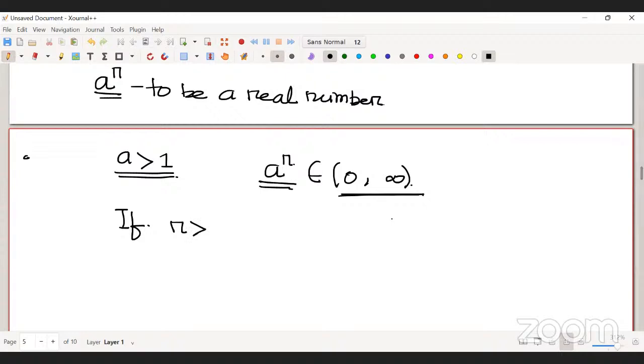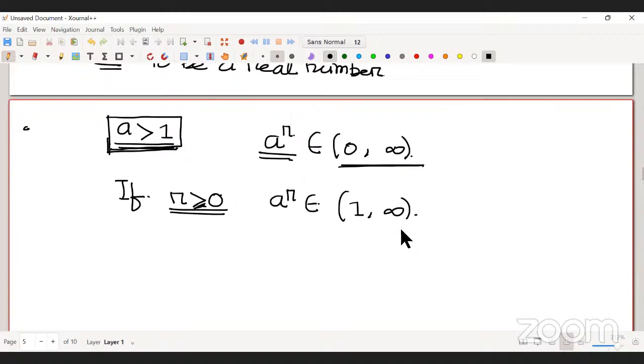And what about if r is greater than or equal to 0, then what are the possible values a power r can take? 1 to infinity, correct. The condition is also given that a is greater than 1.